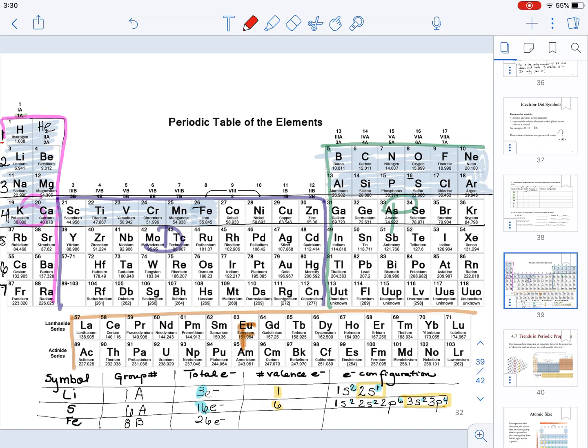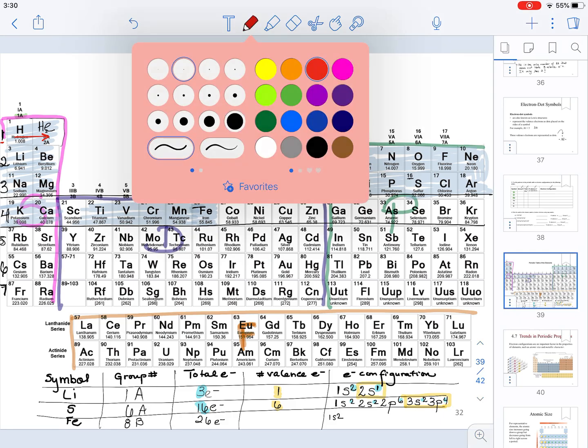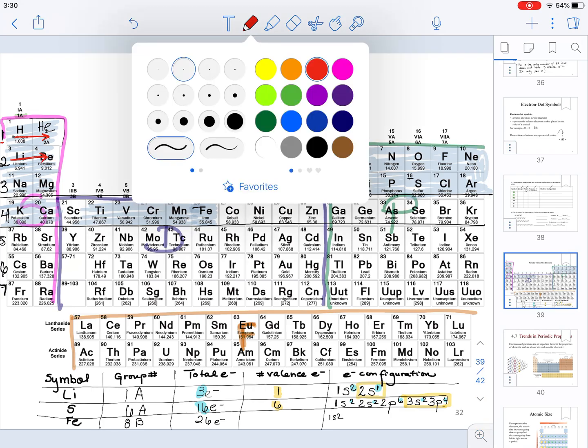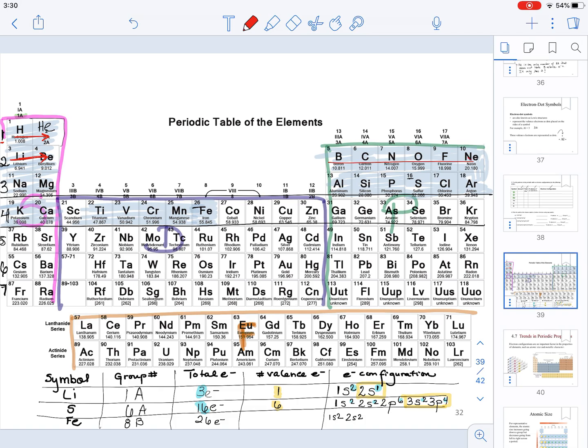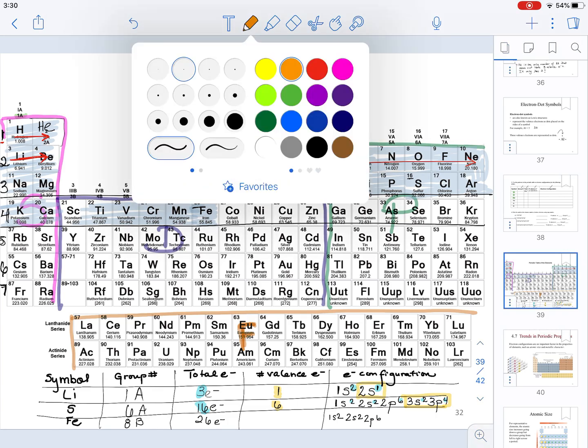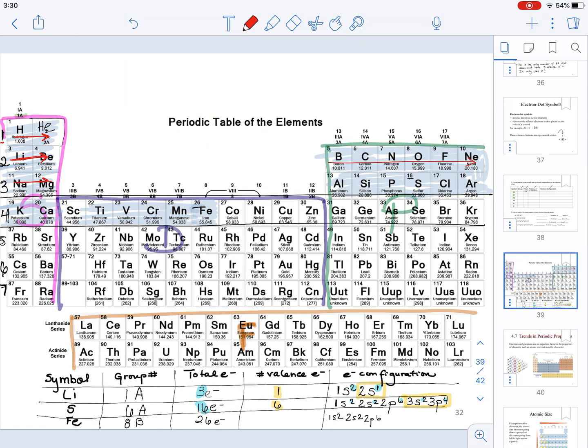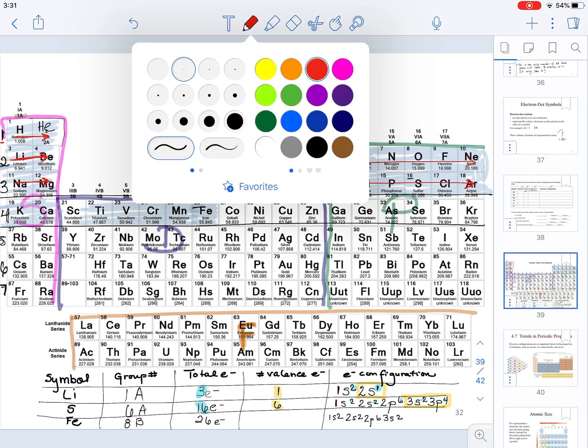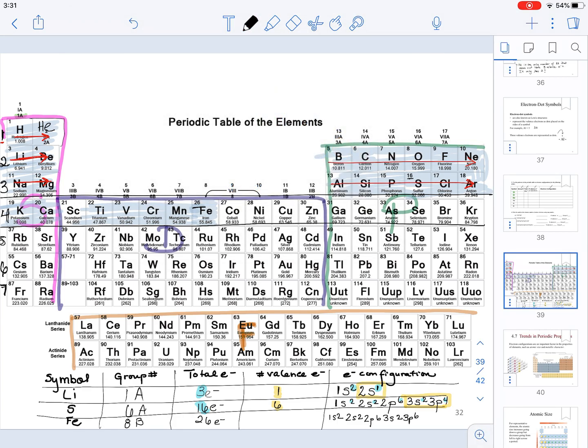the electron configuration for iron is going to be 1s2. There's nothing else on level 1. Then I go 2s2, 2p6, 3s2, 3p6, 4s2.